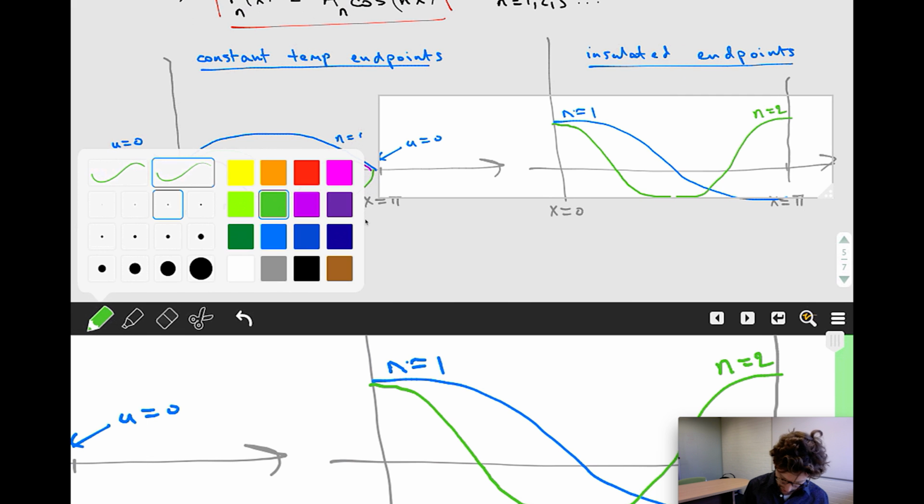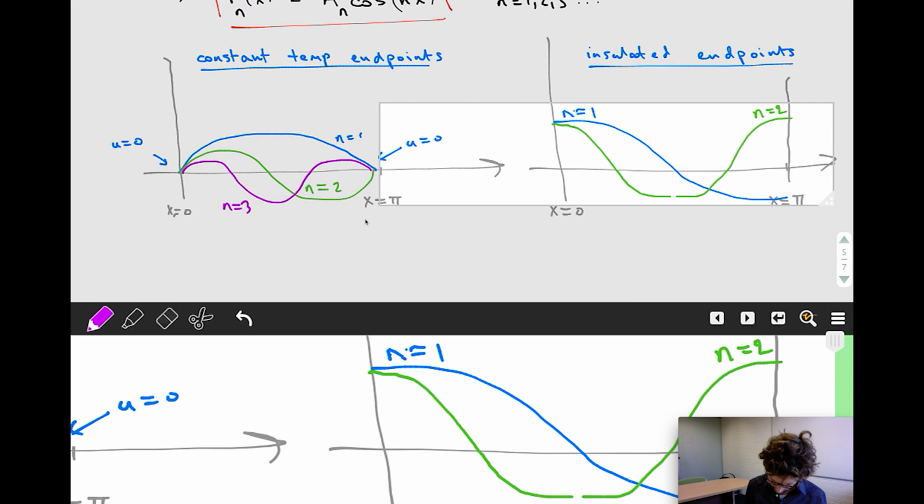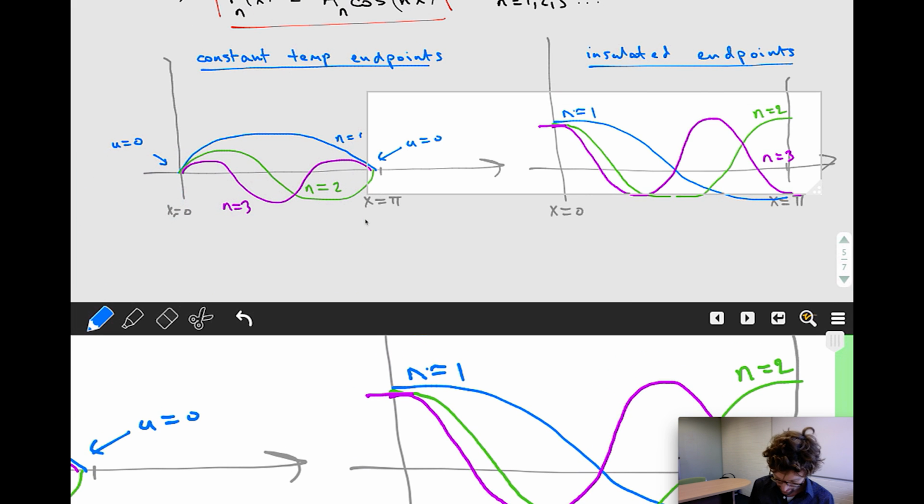N is equal to 3 might look something like that, and so on. But the point is that for every case, we've got a flat slope at each endpoint. In other words, we've got the derivative is equal to 0 at these points.